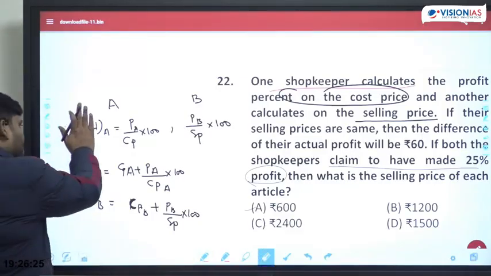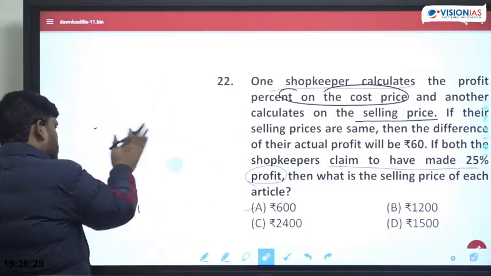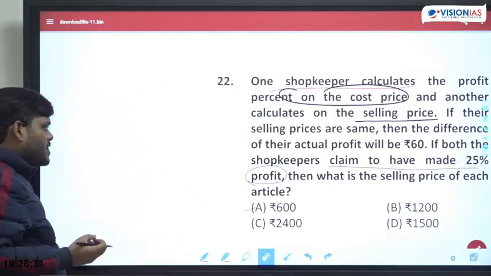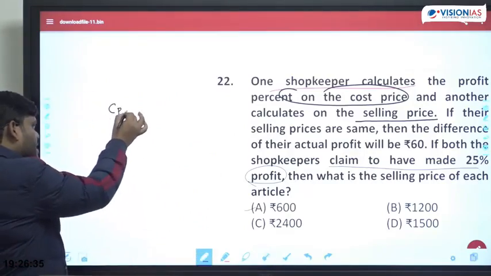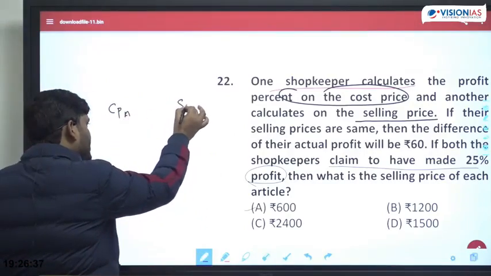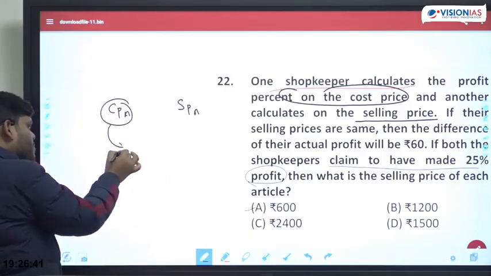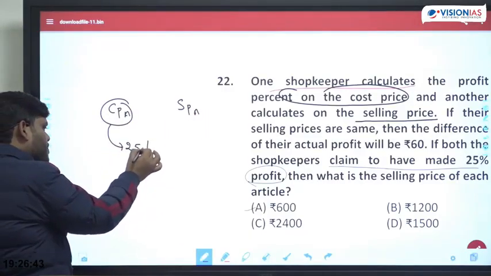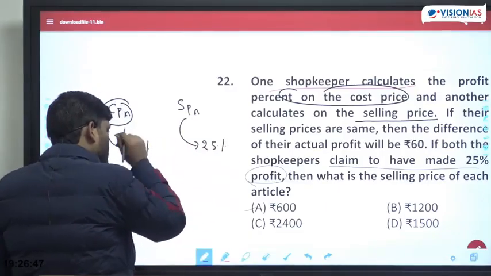okay, let me do it again. I'm missing something somewhere. Some information I'm not able to frame. That's why. See, if one calculated on CP, suppose A, and the second one has calculated on the SP profit, and it is saying that in both cases the profit is 25%. Here also the profit is 25%. Okay?